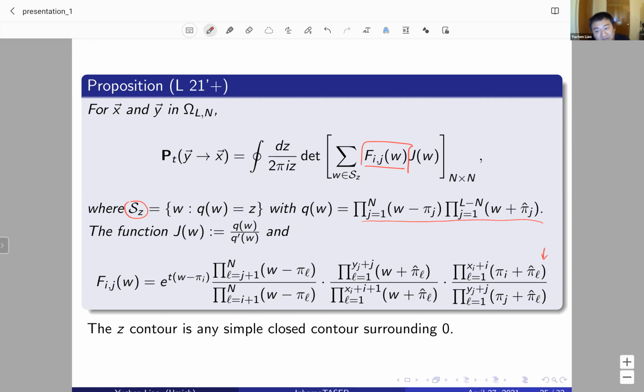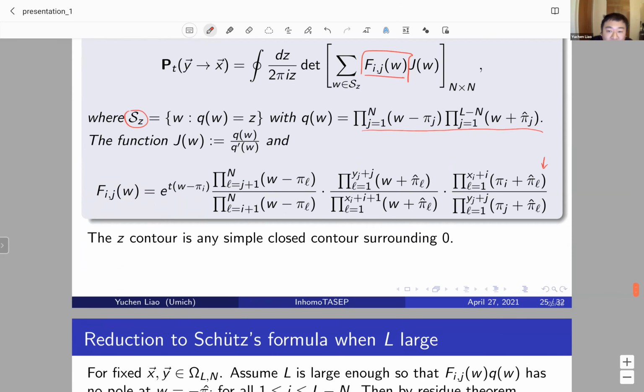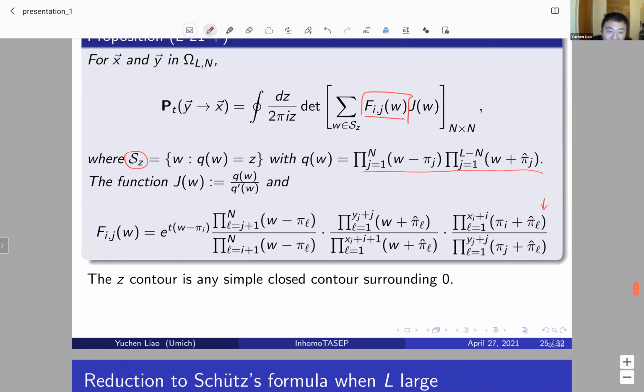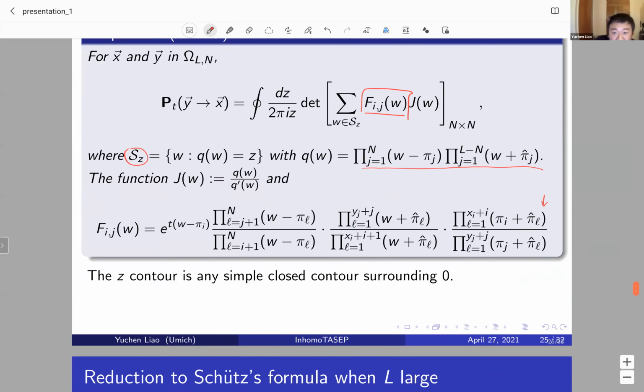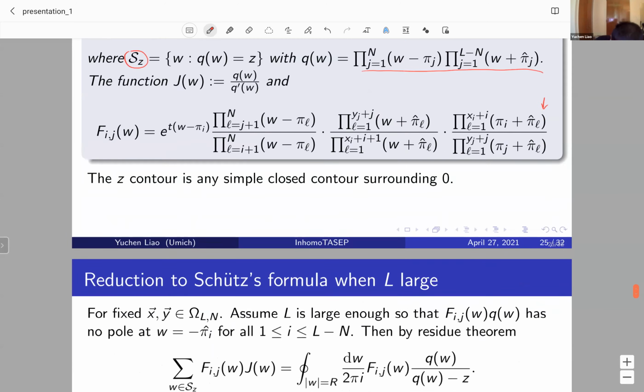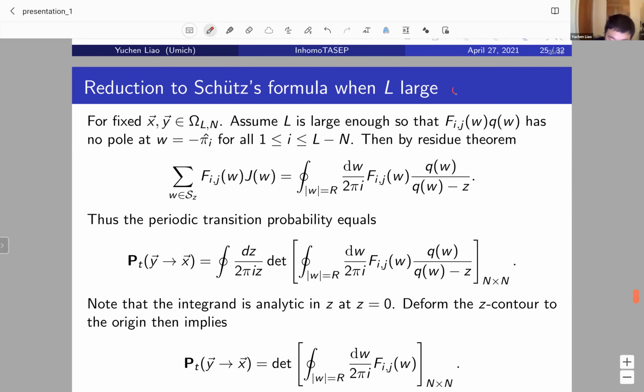So I'll explain in one slide how you obtain the Schur's formula from this one. This is for the transition probability of the periodic model, but it reduces to Schur's formula if you take L large but finite. That's very important.